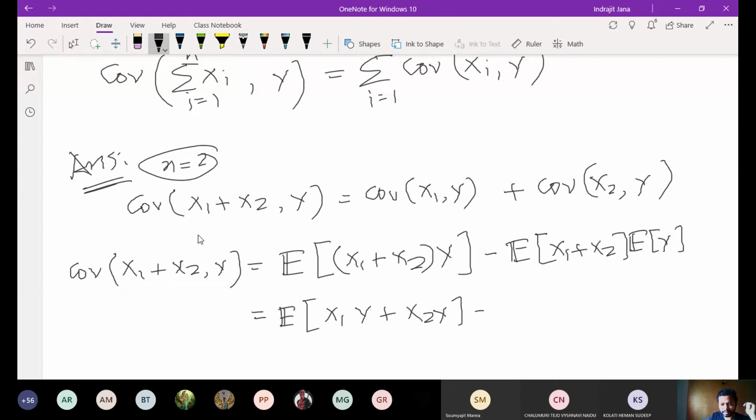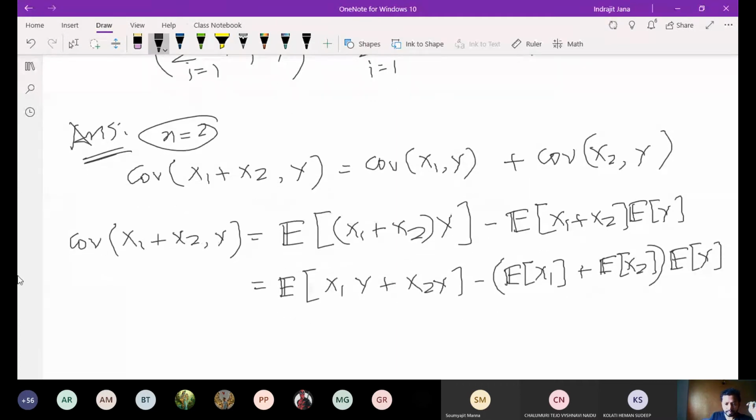You know that you can split the expectation. You don't need independence. Expectation of x1 plus expectation of x2, and you have expectation of y outside. And now you can also split this expectation.